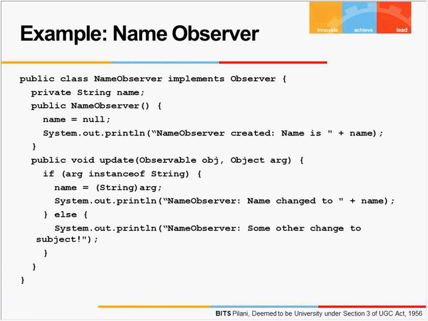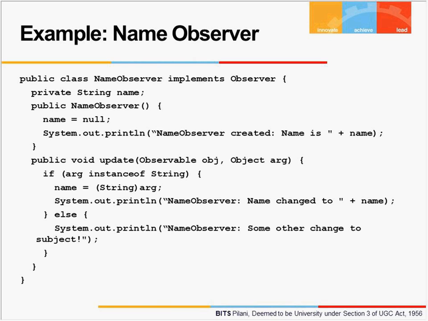That is the subject. Now to the concrete observer, right? So my name observer, which means the observer interface, is now an observer that attaches itself to the concrete subject, right? Now what this observer does, it is interested in knowing the name object of the subject, right?